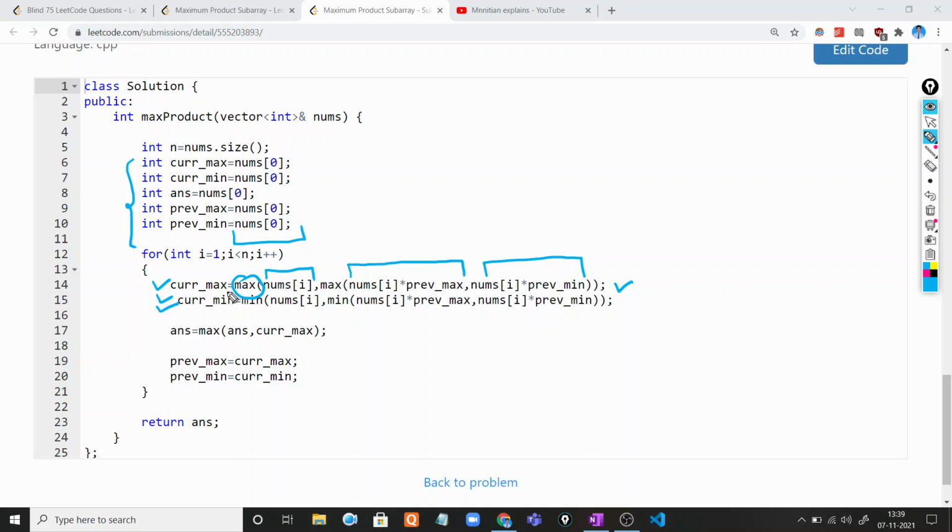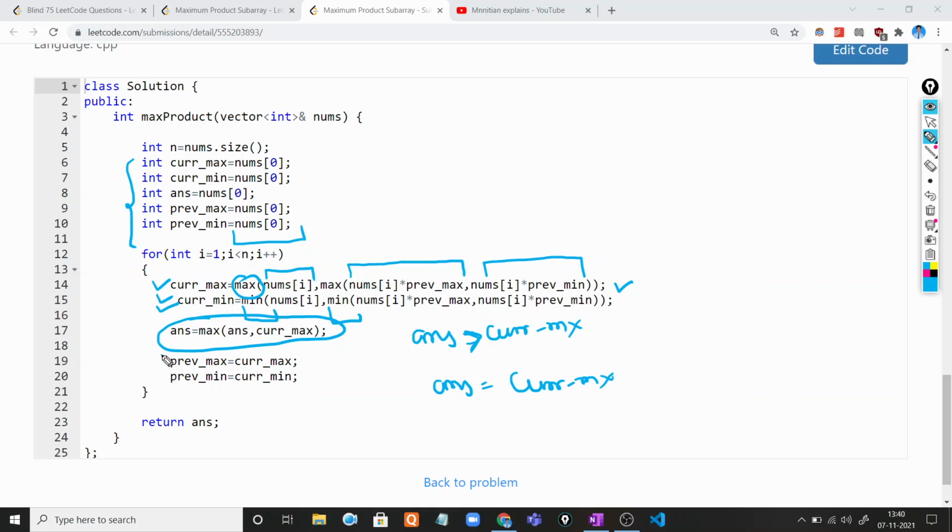For the current mean all steps are similar, but instead of maximum we take the minimum out of those three values. And this is the most crucial step where we update the answer with the current max. If current max is greater than answer, then we update the answer with current max.